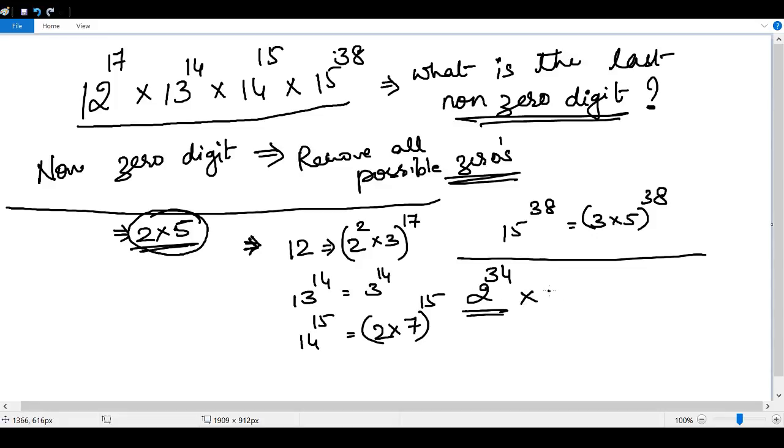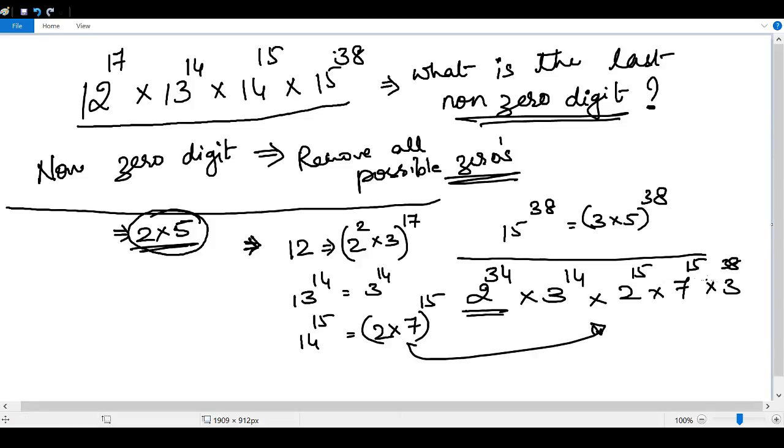Then you have 14 3s. Then you again have 15 2s, along with 15 7s. Then you have 38 3s and 38 5s.